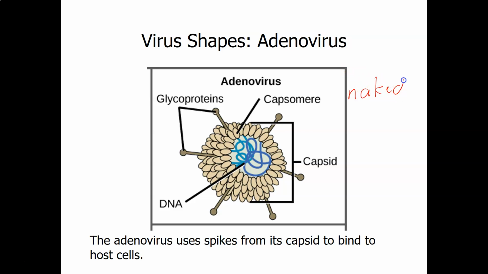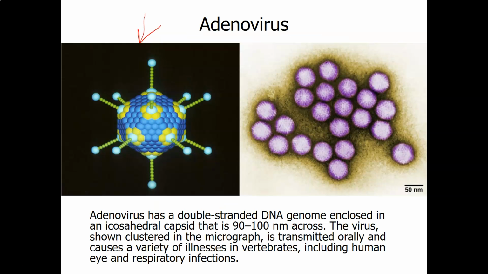So what we're looking at is the DNA core. The individual capsomeres are these little kind of brown ovals, and the capsomeres together make up the capsid of the virus. And then the glycoproteins are spikes, which are used for attachment to the host cell.